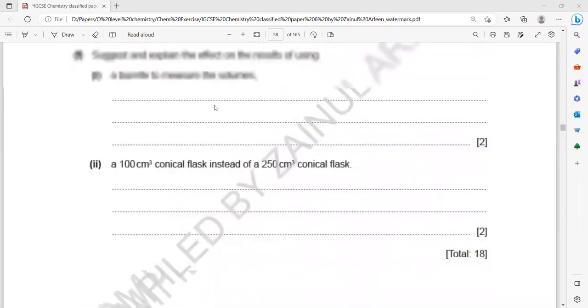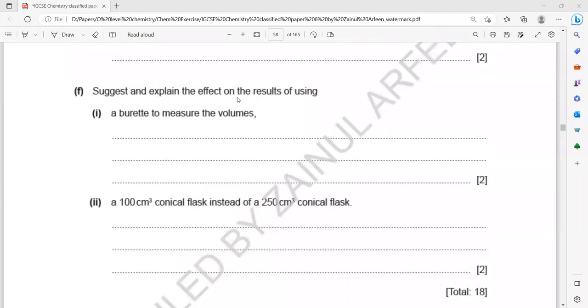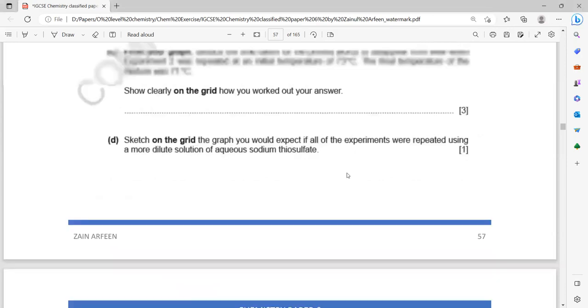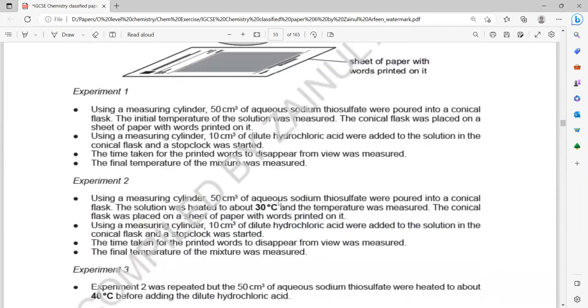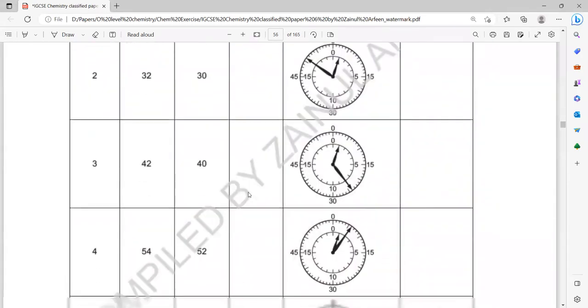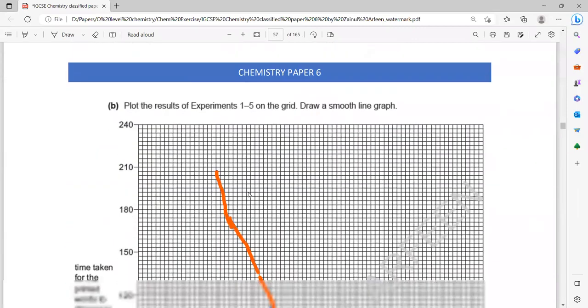Then suggest and explain the effect on the result of using a burette to measure the volume. Look, in this one, how can a burette be effective? Overall, a burette is more accurate in measuring the volume. It will be accurate to measure volume, but it won't affect the temperature too much, so the time for the cross to disappear won't have too much effect.